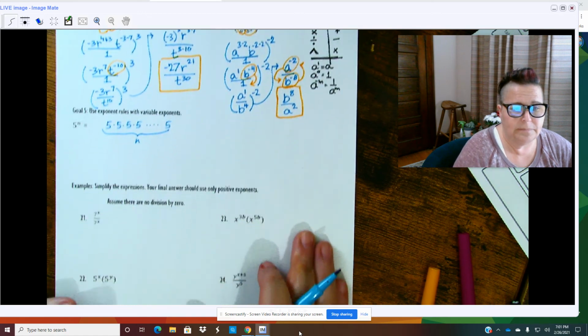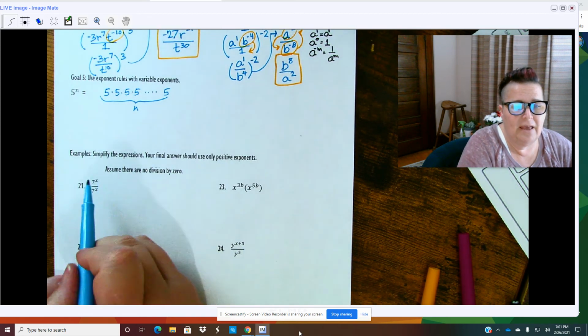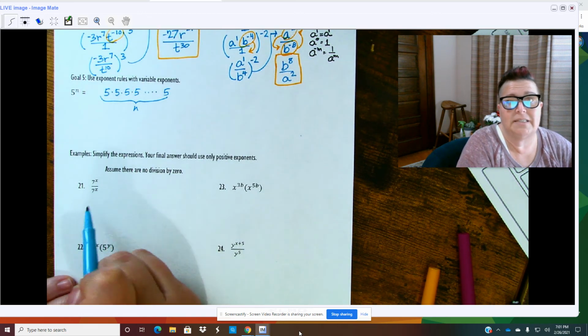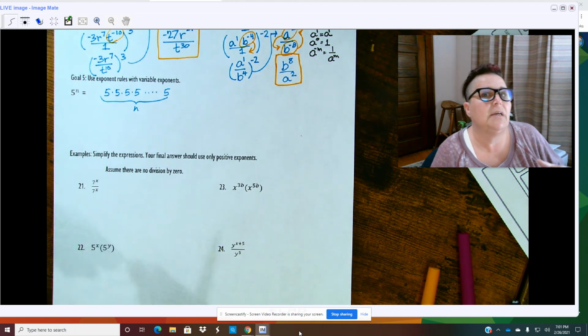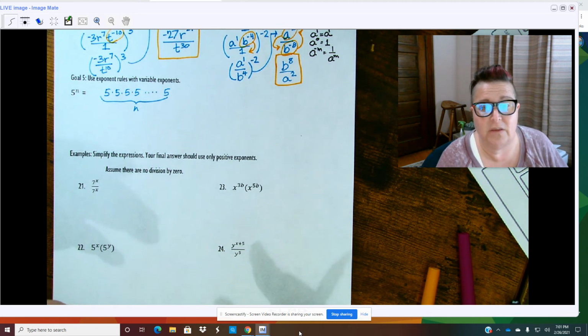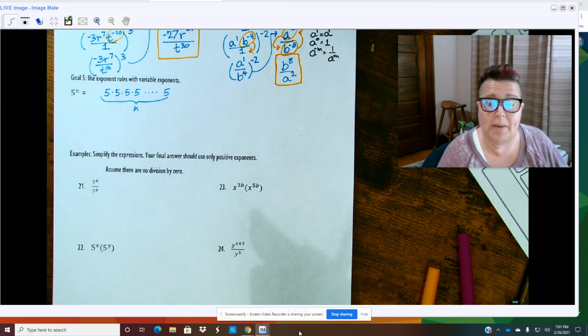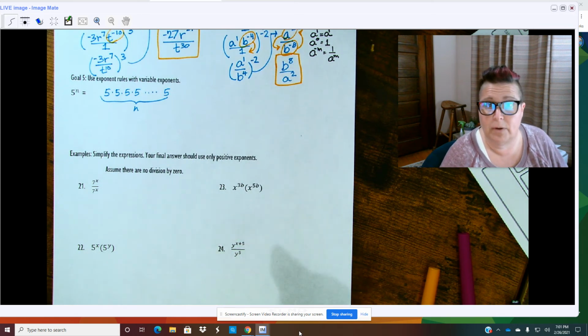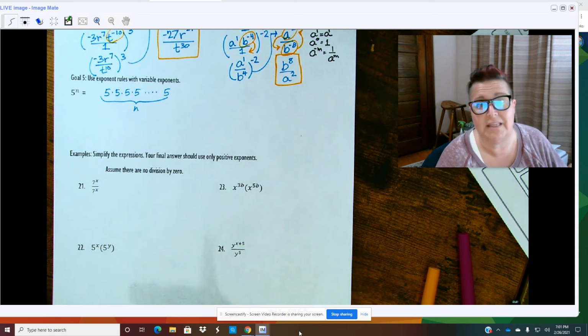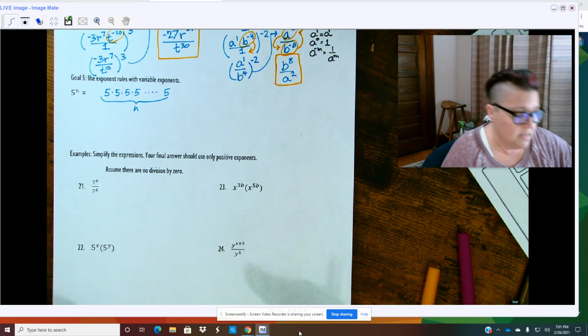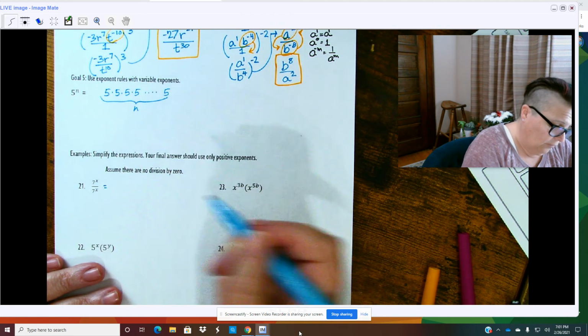For example, here we have 7 to the x power over 7 to the x power. It doesn't matter what that x value is. You have 7 to the x power. That's going to be some number over exactly 7 to the x power again. You have a number over itself.